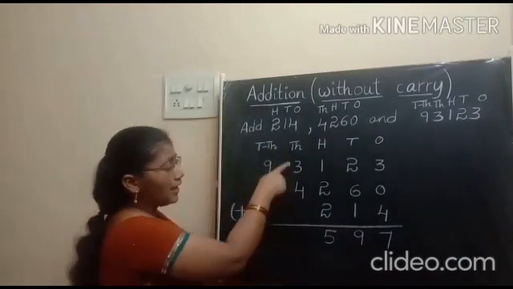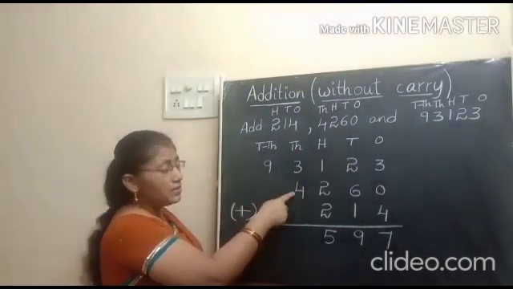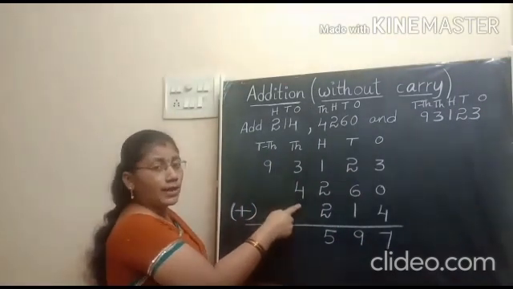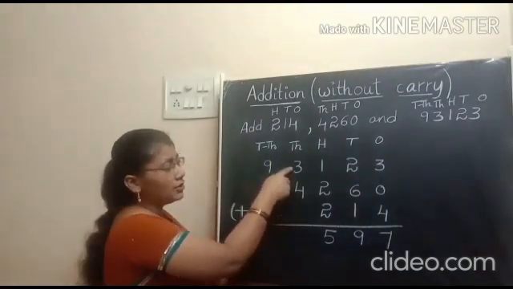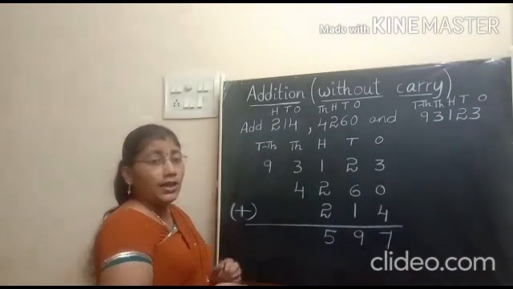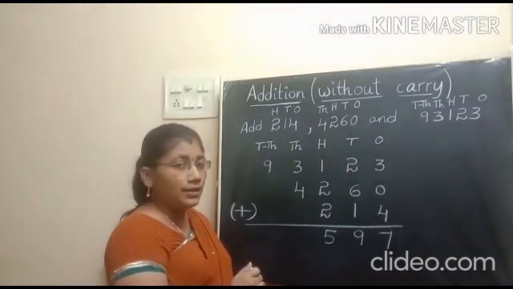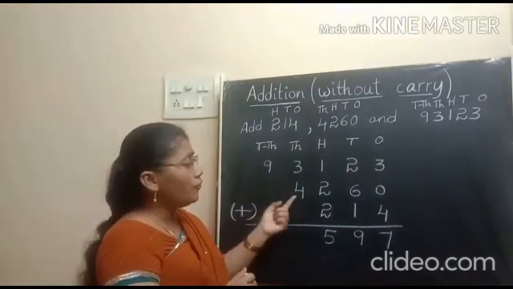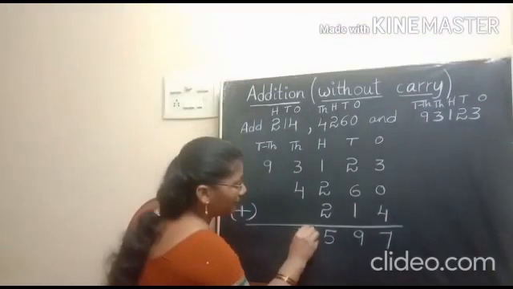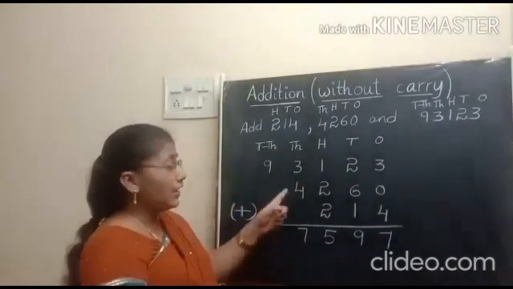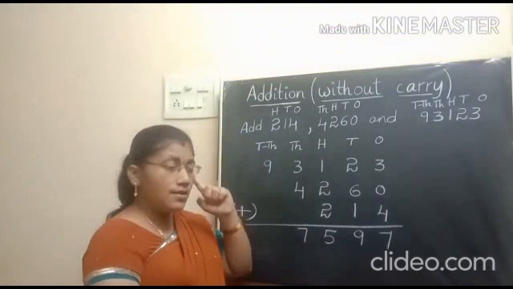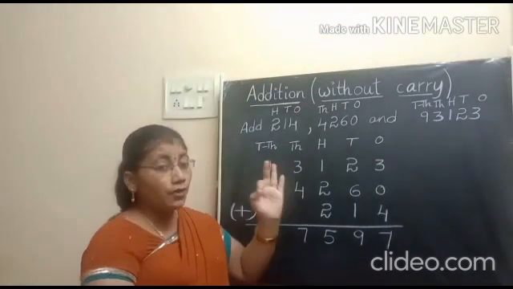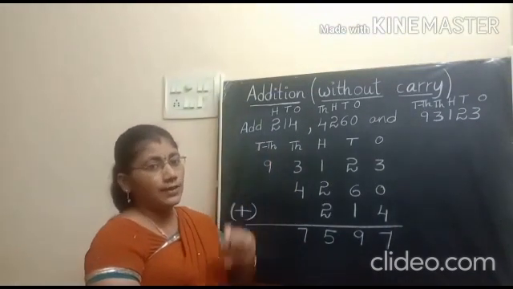Next, we have to add 3 and 4 because nothing is here to add. So, simply add these two digits, 3 and 4. By adding 3 and 4, we get 7, because we have to keep 4 in mind and take off 3 fingers. 4 after 5, 6, 7.